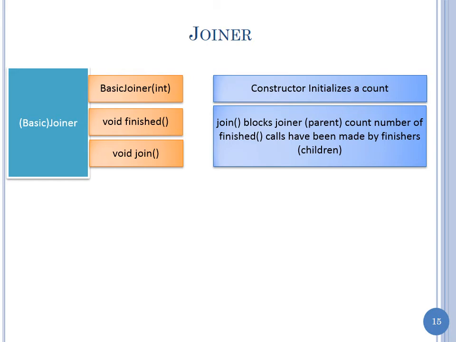You have to consider the case where join was called before the finish was called, before any finish is called, and also the case where join is called after all finishes have been called.